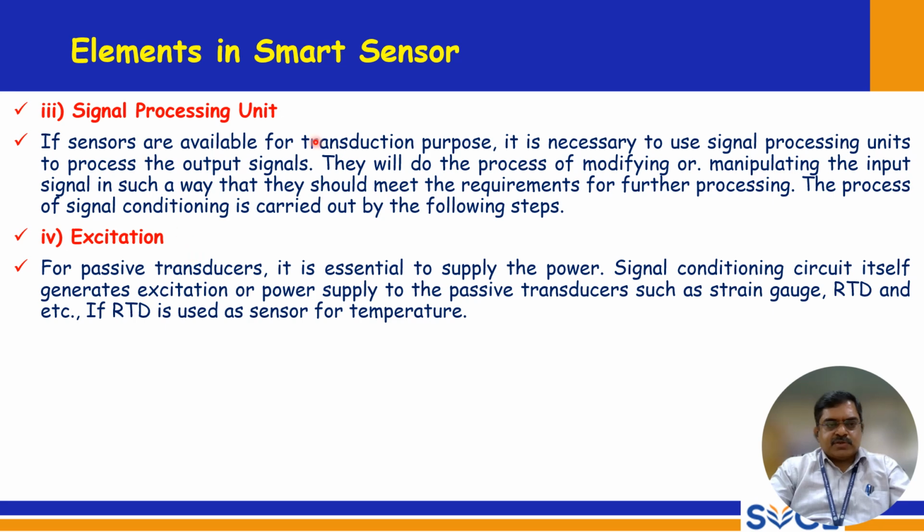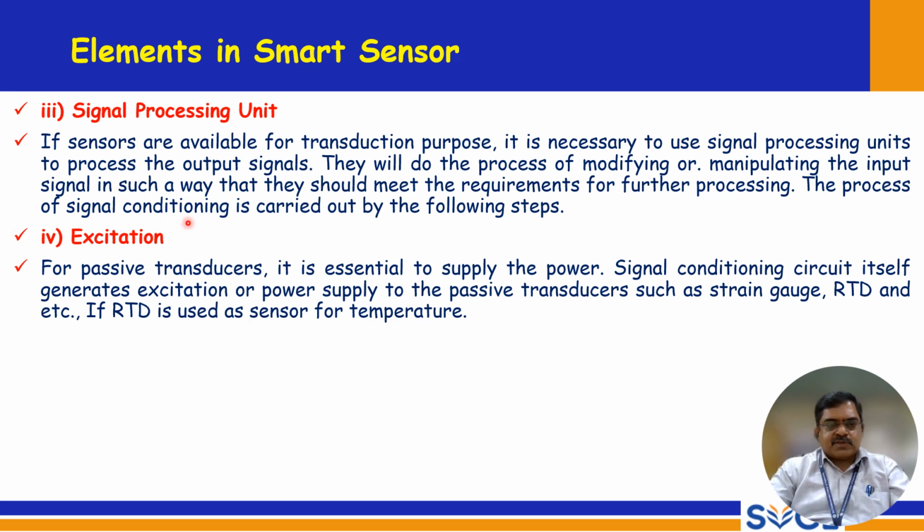Signal processing unit: if sensors are available for transduction purpose, it is necessary to use signal processing units to process the output signals. They modify or manipulate the input signal in such a way that it meets the requirements for further processing.